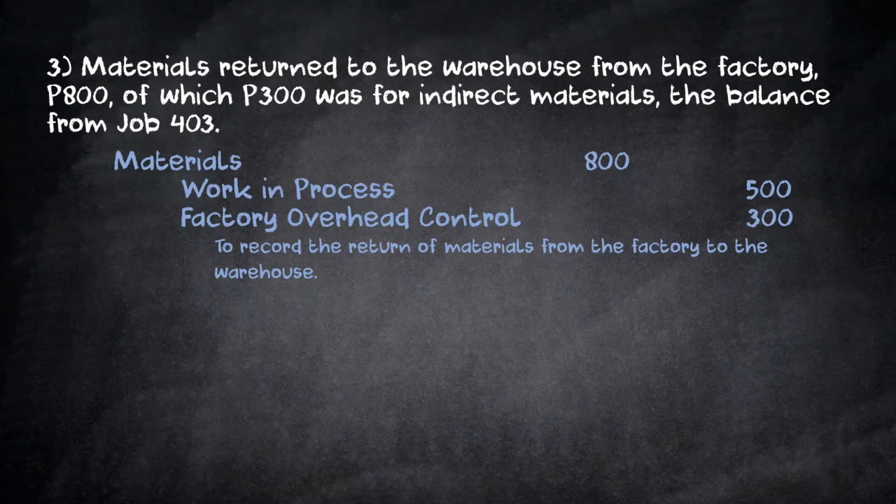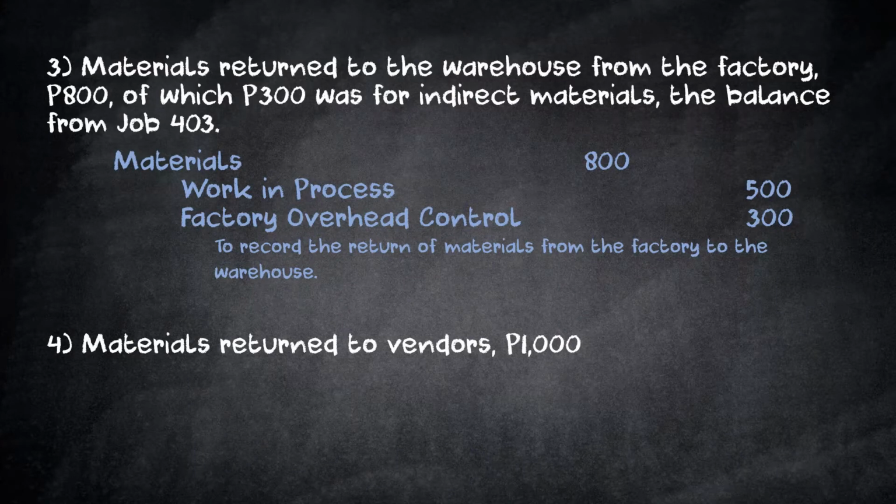Next, the balance from job 403. Kanina, nung naglagay tayo ng material sa job 403, nag-debit tayo saan? Yes, nag-debit tayo sa work in process account. So, ngayon, kung babawasan na natin ulit yung materials ng work in process account for job 403, edi mag-credit tayo ngayon for work in process ng 500. Kaya ganyan ang itsura ng ating entry for number 3.